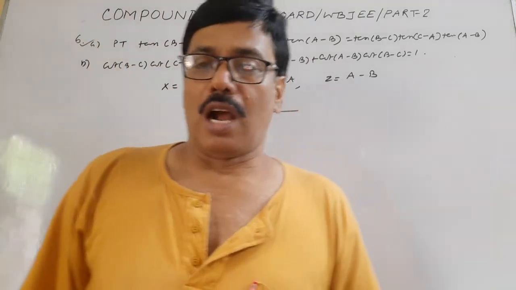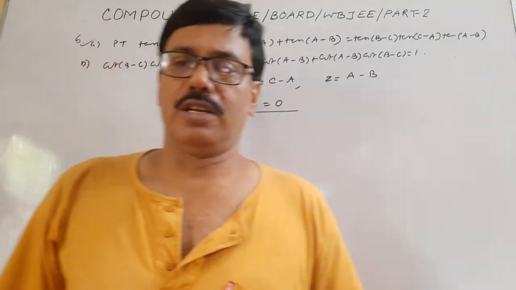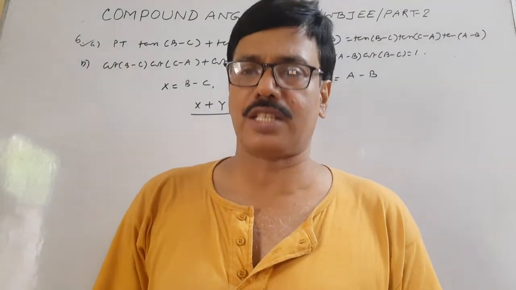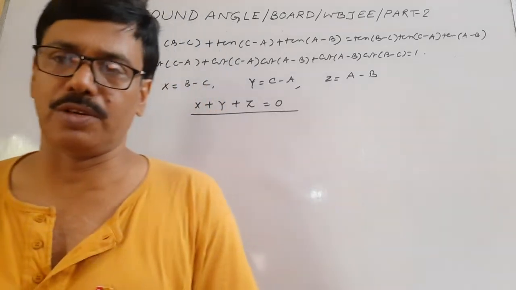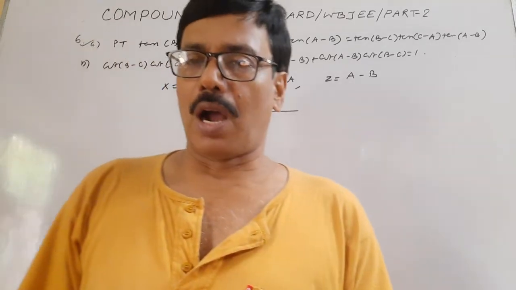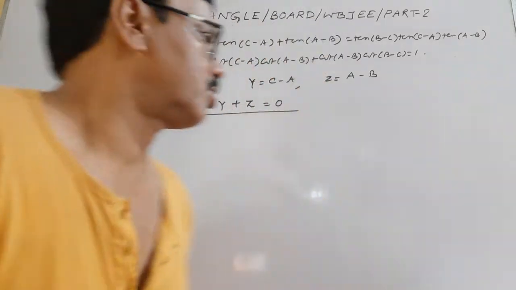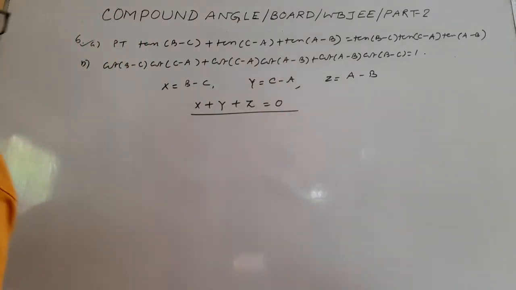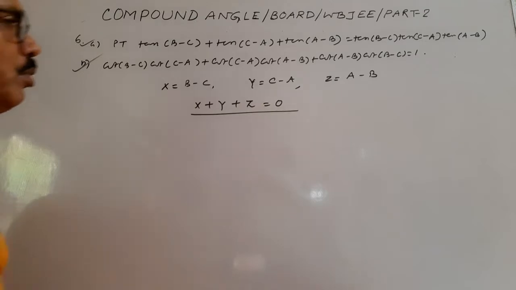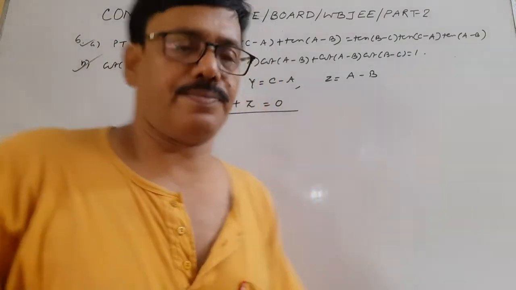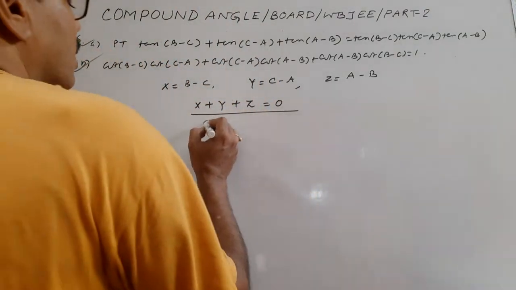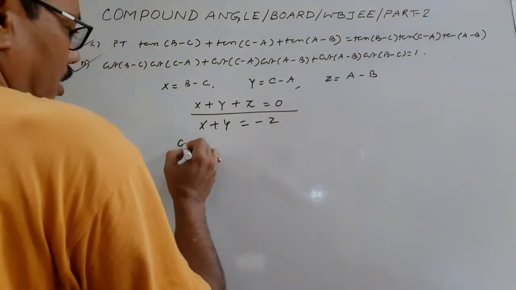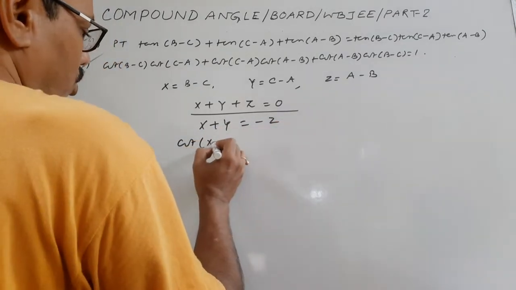So our main aim is the sum of angles being a multiple of at least pi by 2: pi by 2, pi, 0. So here we are getting X plus Y plus Z equals 0. Suppose we want to prove result number B. So what is X plus Y? Minus Z. Take cot on both sides.